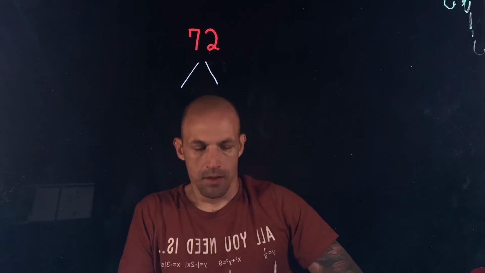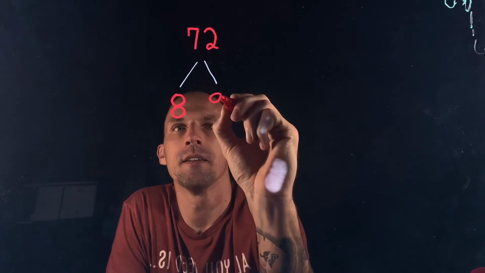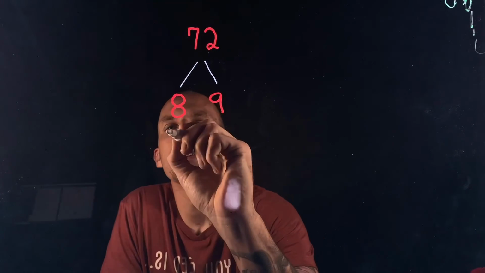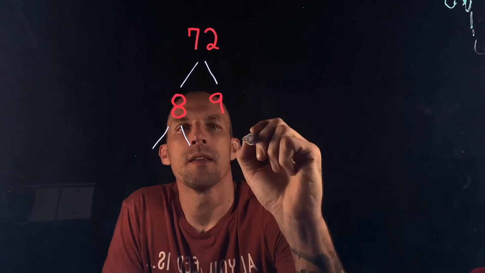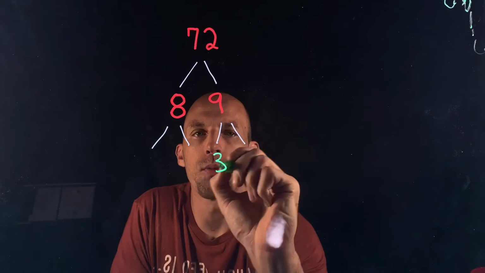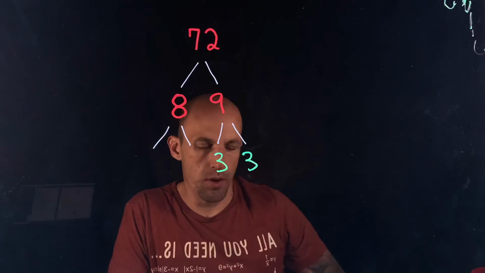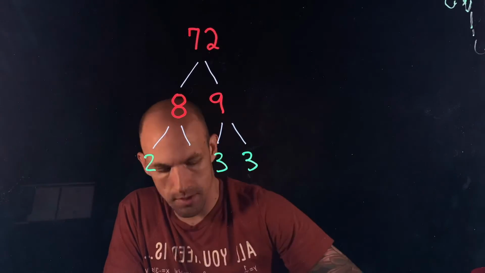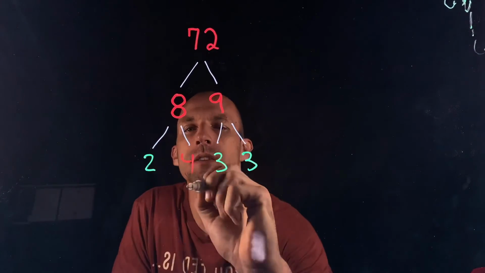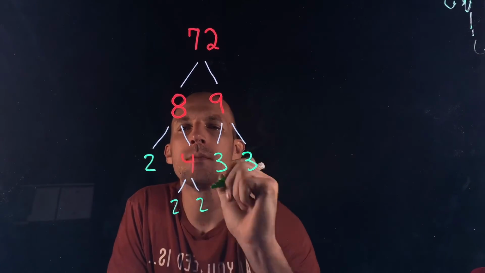So I'll start with 8 times 9. And notice 8 and 9 are both composite numbers themselves. So let's break them down. 9 is a product of 3 and 3, and 3 is prime, so we're done. 8 is the product of 2 and 4, but 4 itself is composite, so we decompose 4 into 2 times 2.